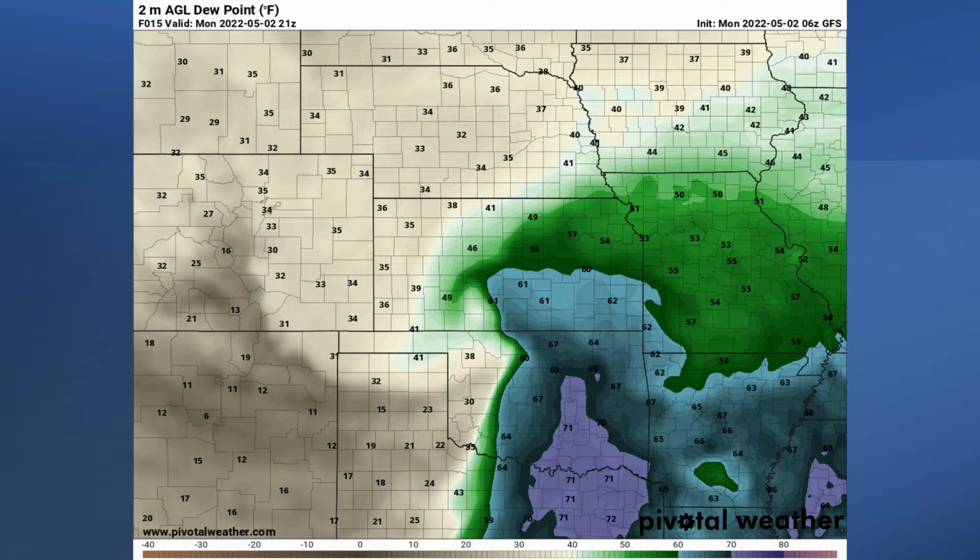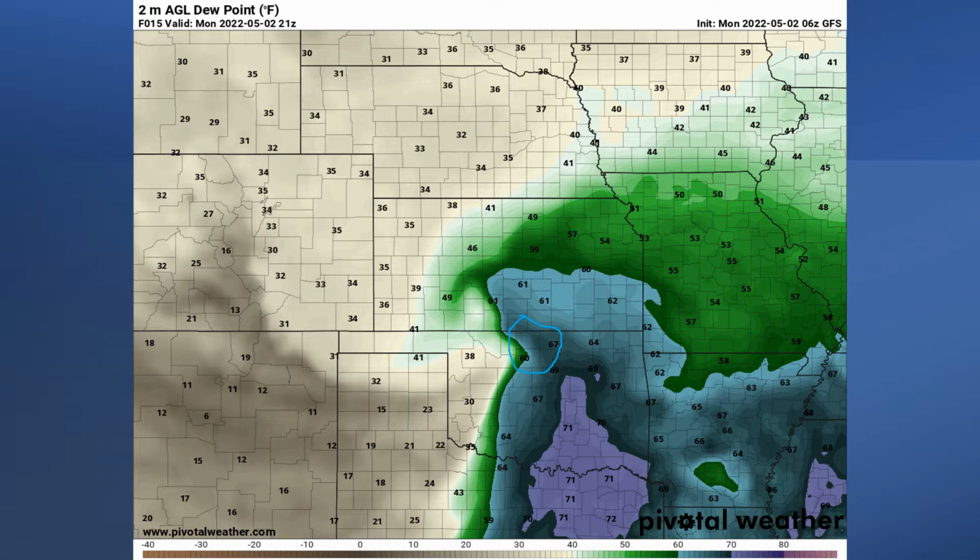This is the 2-meter dew point temperature in degrees Fahrenheit, and right here I have circled right where the Storm Prediction Center has the moderate risk, and you see here whenever you have upper 60s and mid 60s dew points along the Oklahoma and Kansas border, that is when you have extreme tornado potential.